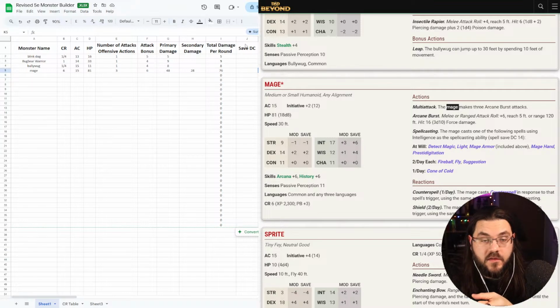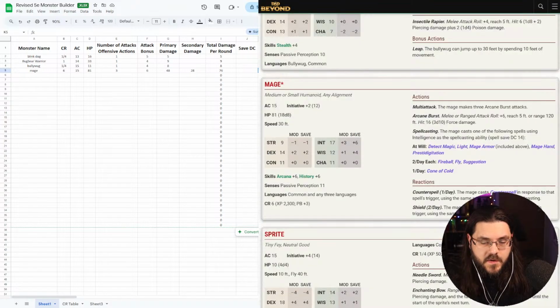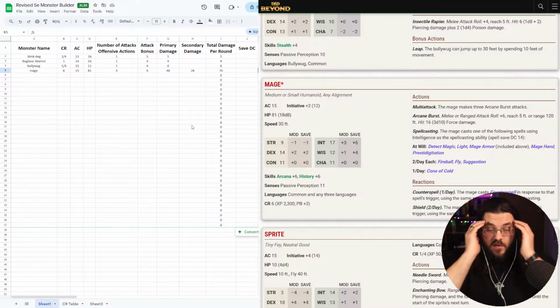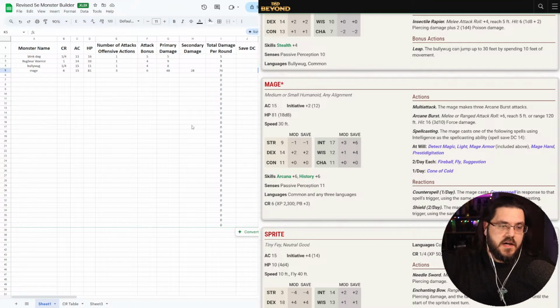The shield is a big thing. So it's twice a day shield. The shield is 1 round, I believe. Yeah, it's 1 round. So if we're assuming that they're going to last for 3 rounds, then 2 of the 3 rounds that they're going to live for, this mage is going to have a functional AC of 20, which makes a much bigger deal.